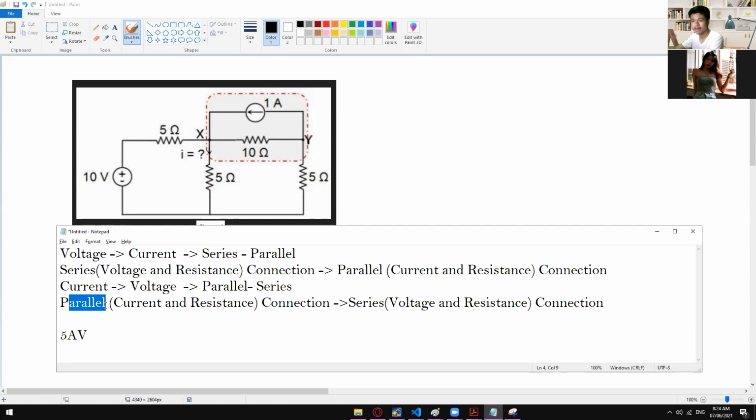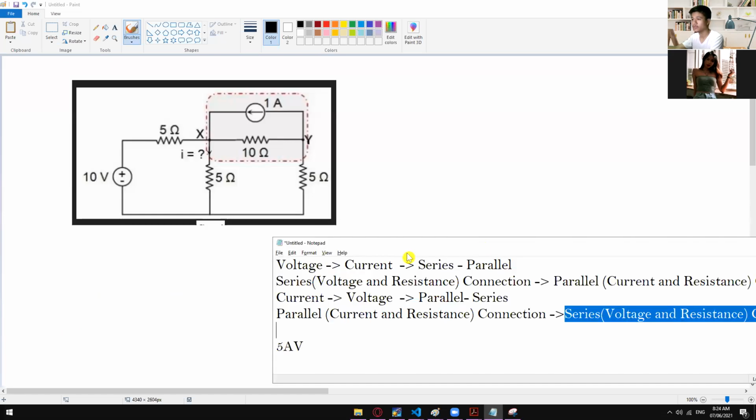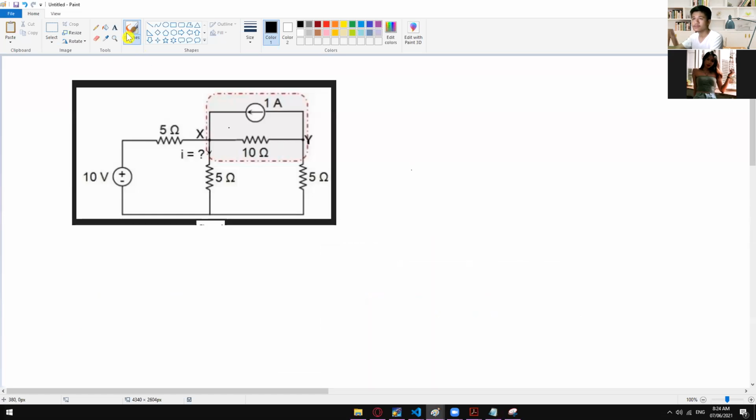If it's parallel, then check if it's the current component and then the resistance component. If yes, then you can now proceed into transforming this one into a series voltage and resistance connection. So how do we do that one? As you guys can see, we have met the condition wherein they are in parallel with each other, which is the current and then the resistance.